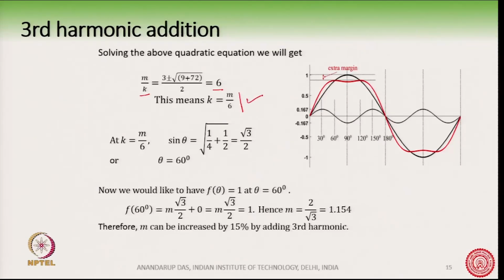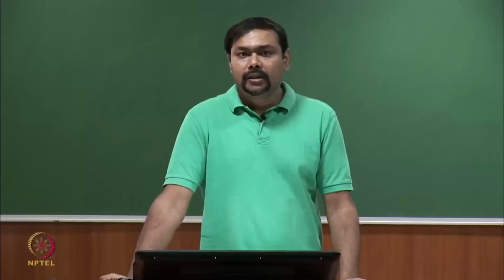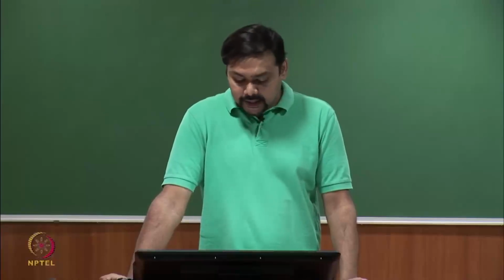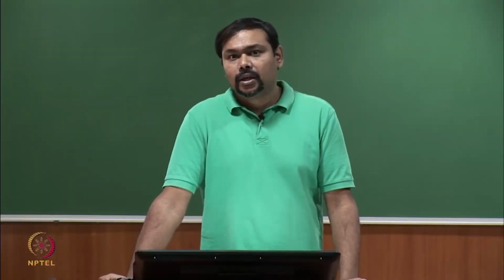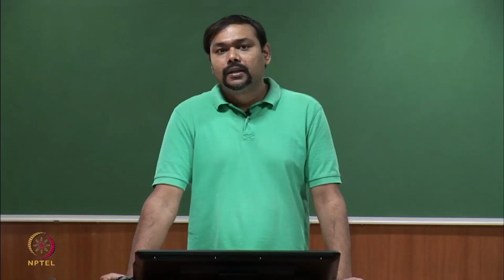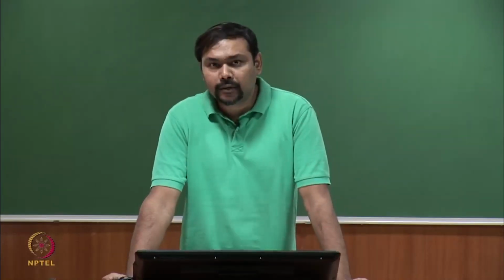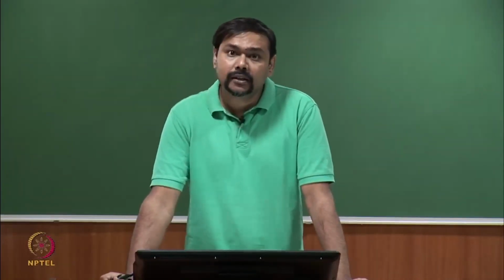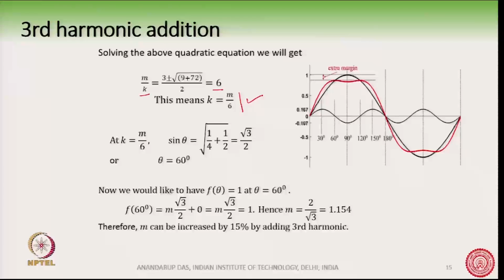It means that the magnitude of the third harmonic that we add is 1/6 of the magnitude of the fundamental. At k equal to m by 6, the value of sin theta comes out to be theta equal to 60 degree.